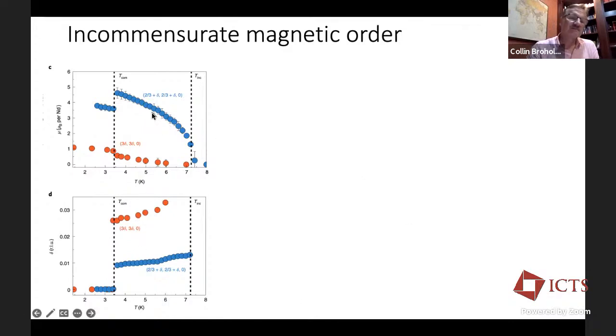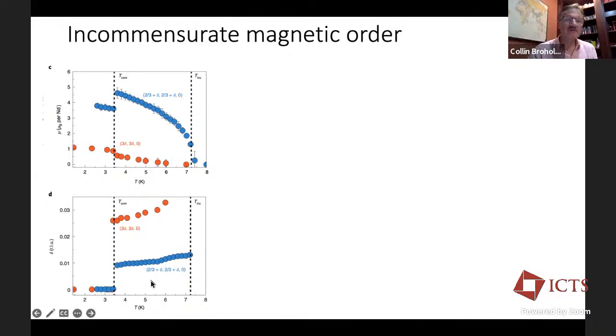I'm showing you some results of neutron diffraction experiments, the compiled results of measuring the temperature dependence of Bragg peaks. If you look at the lower left corner, you see the temperature dependence of the wave vector of the magnetic order. The wave vector is of the two-third O type with a slight incommensurability in the tetragonal basal plane.